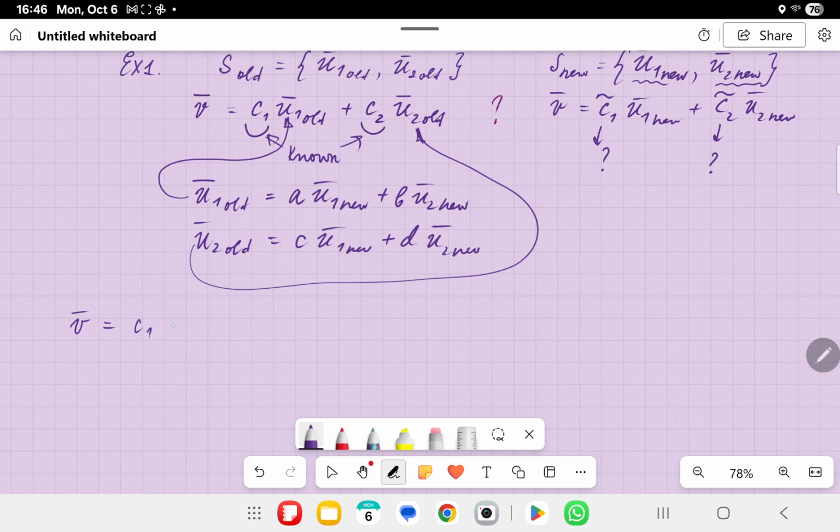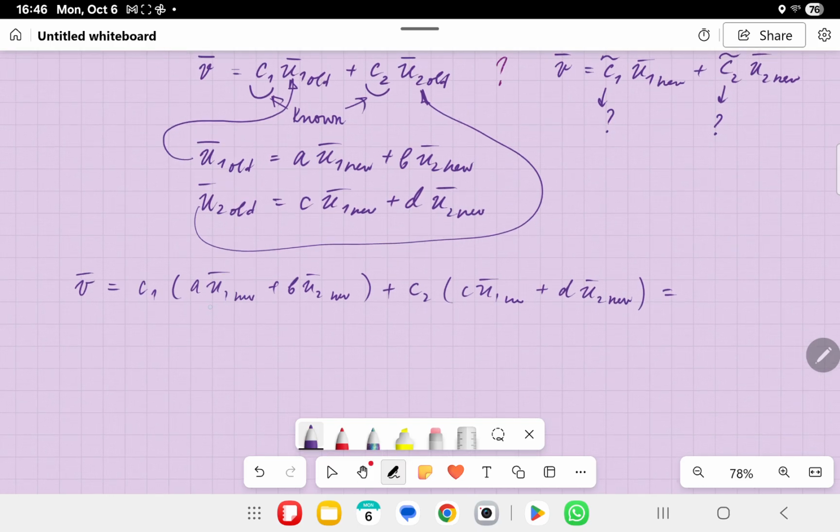I'm going to have C1, and instead of u1 old, I'm going to write A u1 new, plus B u2 new, then C2, and instead of u2 old, C u1 new, plus D u2 new. And what am I going to do? Well, u1 new and u2 new are repeated in both components, so I'm going to combine the numbers in front of the same vector.